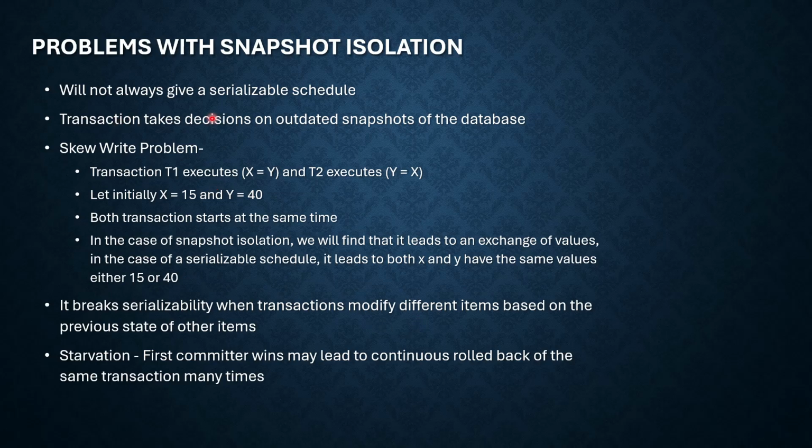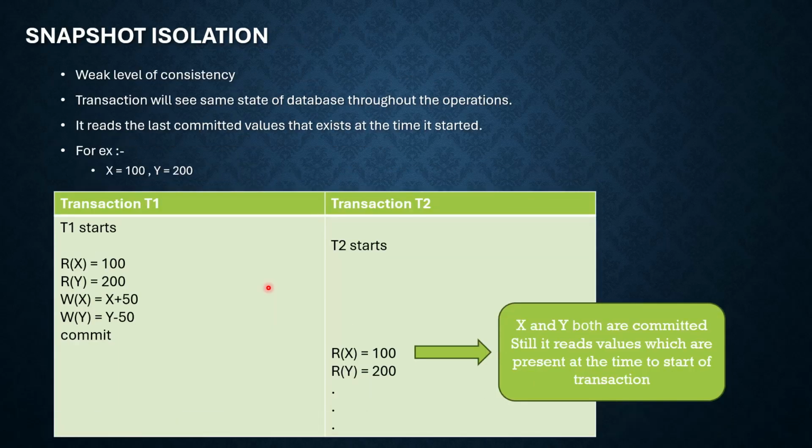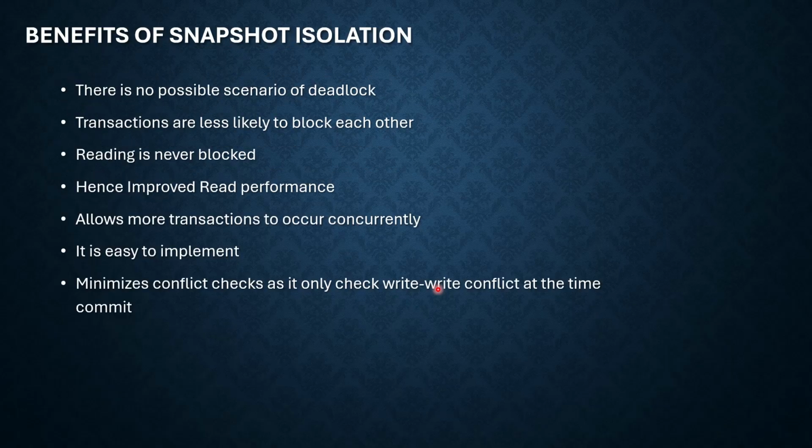And what are the problems with snapshot isolation? The problem is that snapshot isolation will not always give a serializable schedule. Yes, because here, if we see, these are not serializable schedules. You cannot serialize these schedules, still we are doing snapshot isolation.